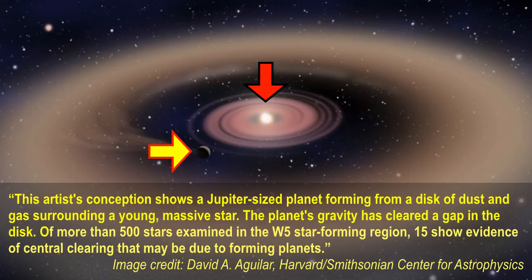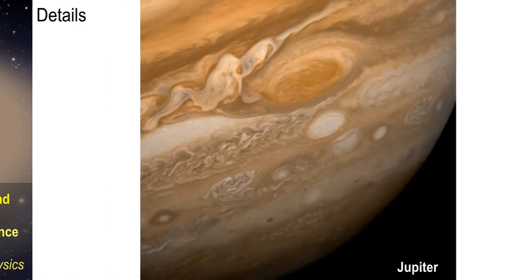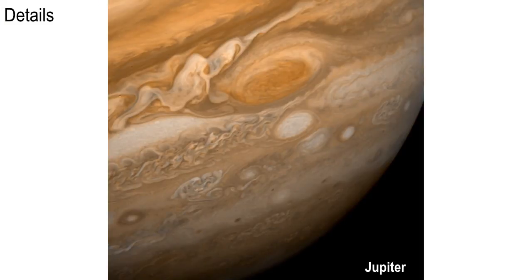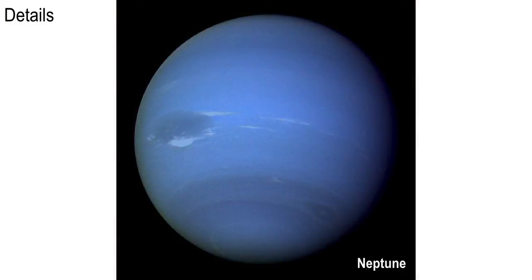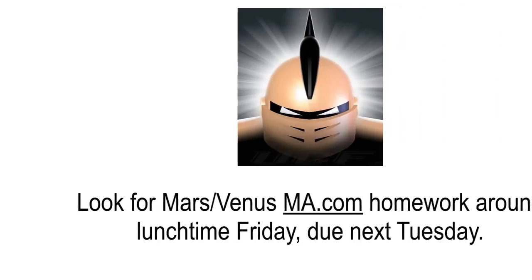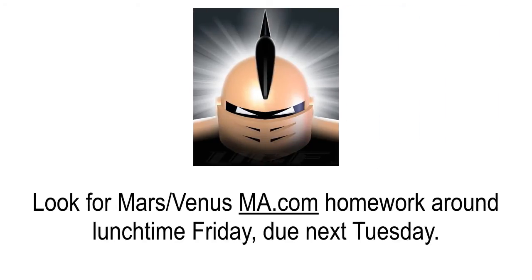And you see this clear band. And eventually, Jupiter has done all that clearing. So go ahead and make a note, David Aguilar, planet forming. And next time, what we'll do is start talking about Jupiter, Neptune, and all the outer planets.